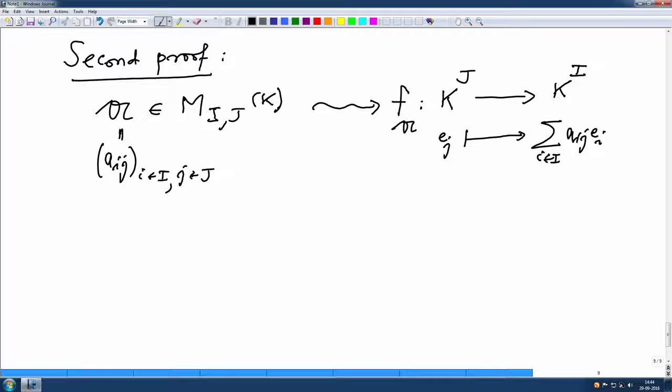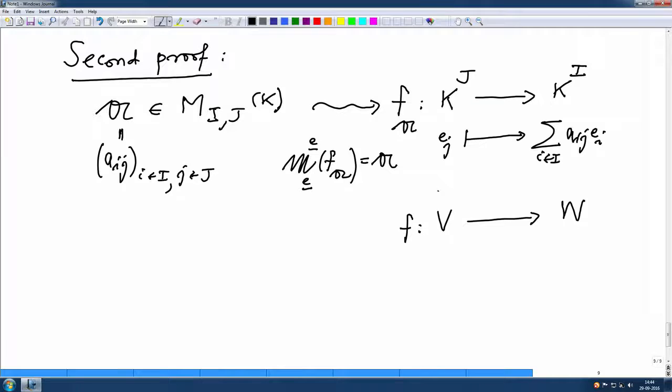So, this is a linear map, and whose matrix with respect to the standard basis will be then the given matrix A. Just also to avoid this confusion between the standard basis here and here, you can also think directly that A comes from a map F from a vector space V to W, and this vector space V is with a basis v_j, numbered by the same indices as the column index, and W is a vector space with basis w_i, and the basis of W is numbered by the set I. And if you want a linear map, we just have to give what is f of v_j for all j.